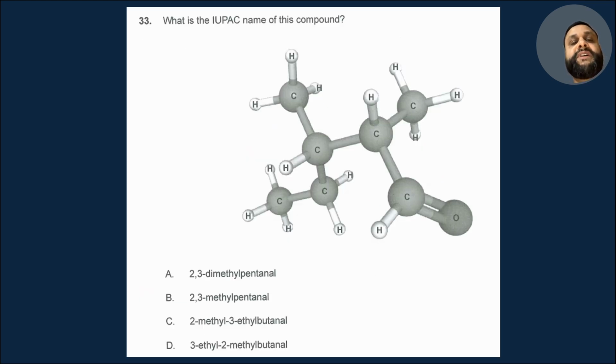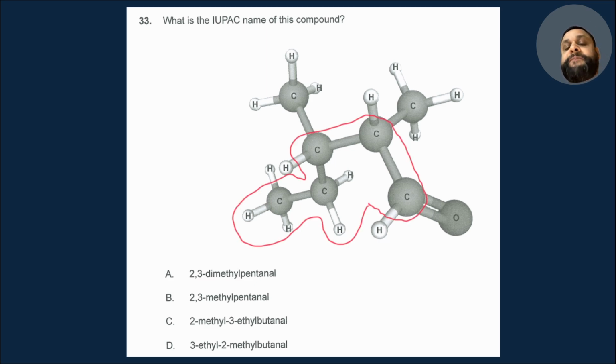Question 33. What is the IUPAC name of this compound? So let's look for the longest chain. That's the first thing we'll be doing. So 1, 2, 3, 4, 5. So 5 carbon is the longest chain, so I'm going to circle this. Okay. Start numbering the end that gives the least number to the functional group. So 1, 2, 3, 4, and then 5.